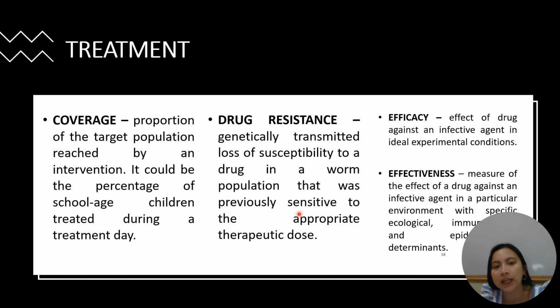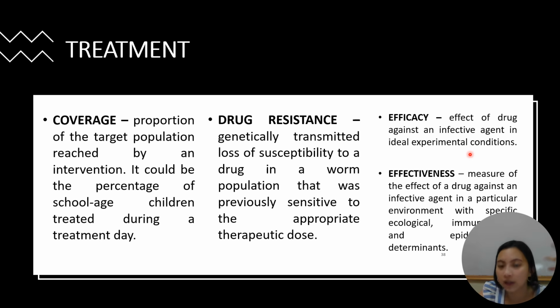But unfortunately, due to some genetic changes of this type of worm, it has developed resistance against this certain drug. So that's what we call drug resistance. As for efficacy, that's the effect of a drug against an infective agent in ideal experimental conditions.